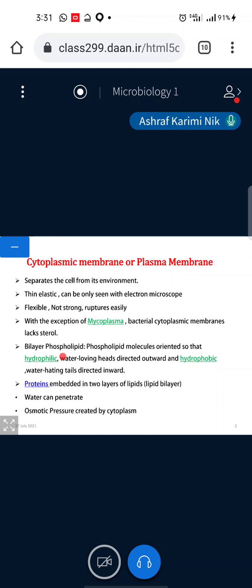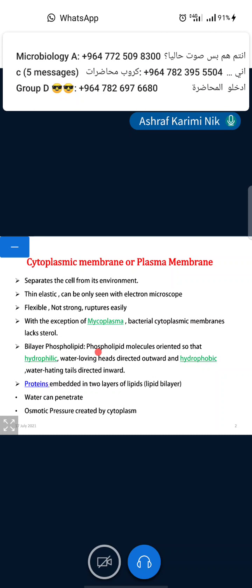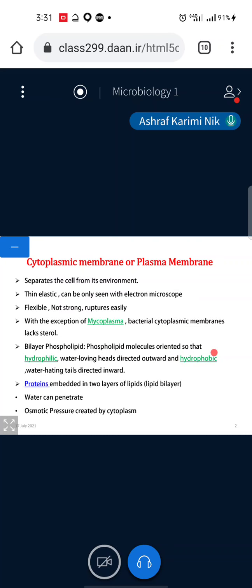Bilayer phospholipid. Phospholipid molecules are oriented so that the hydrophilic, meaning water-loving, heads are directed outward, and the hydrophobic, meaning water-hating, tails are directed inward.